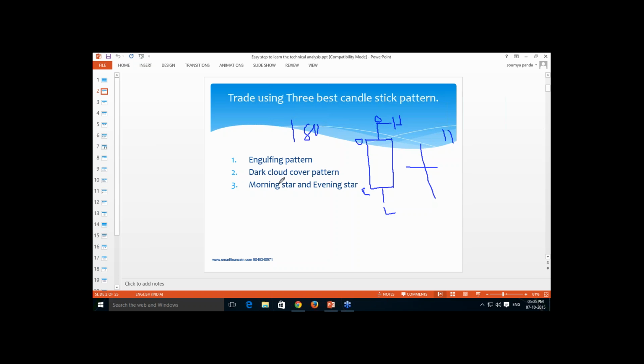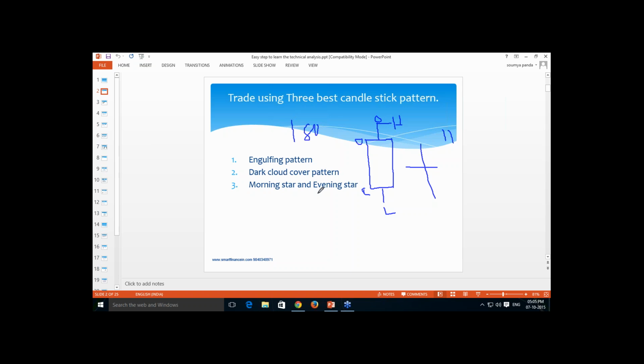So broadly today we will be learning some 6 different patterns: engulfing, bullish and bearish, dark cloud cover, bullish and bearish, morning star and evening star. Morning star is a bullish pattern, evening star is a bearish pattern.